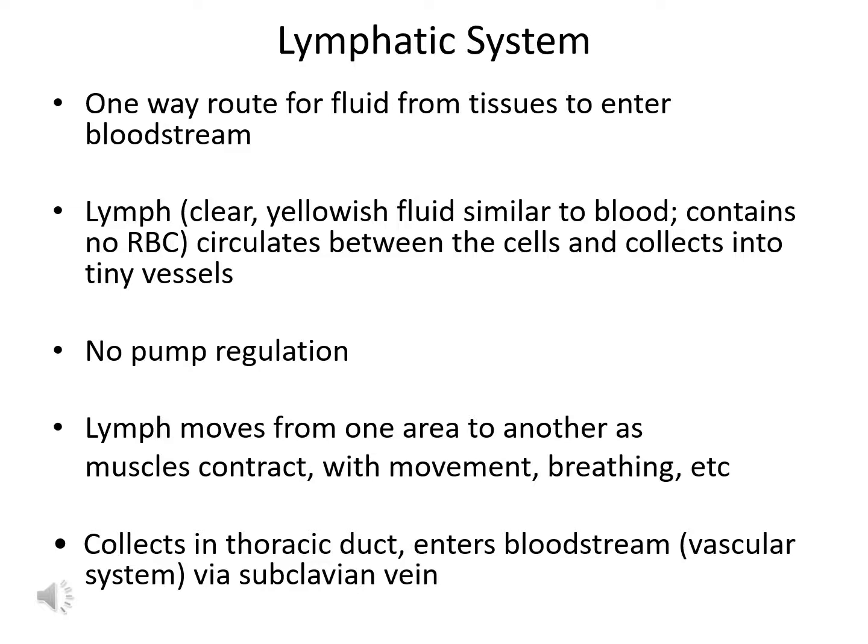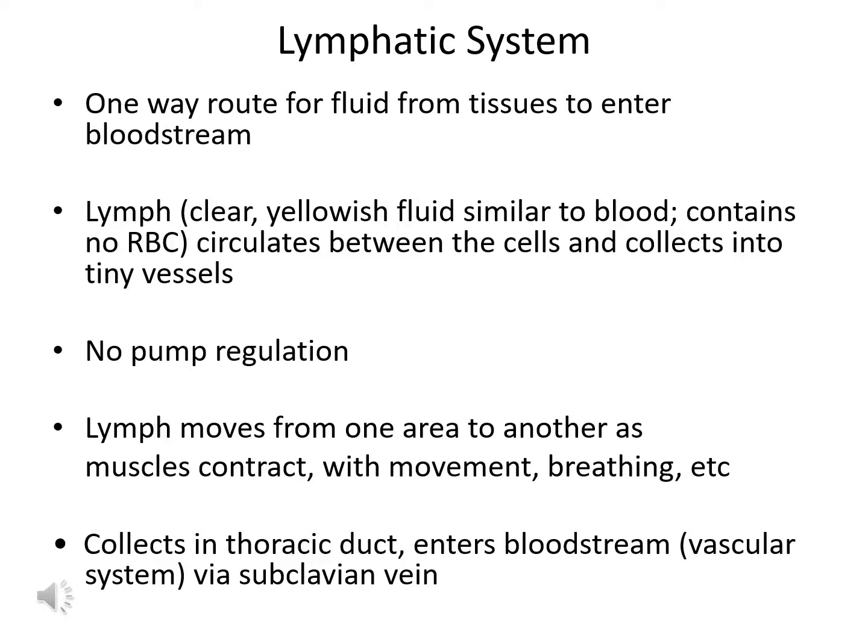What is lymph? Well, if you were to actually look at it, it's clear, it has a yellowish tinge to it. It's similar to blood, but it contains no red blood cells. This fluid actually collects between cells and then eventually will collect into tiny vessels.